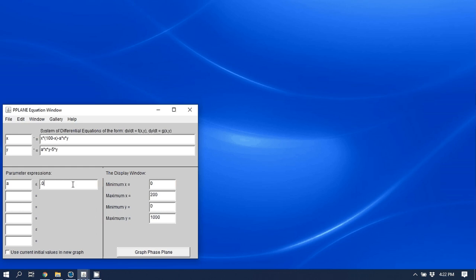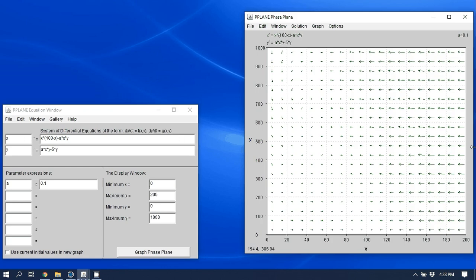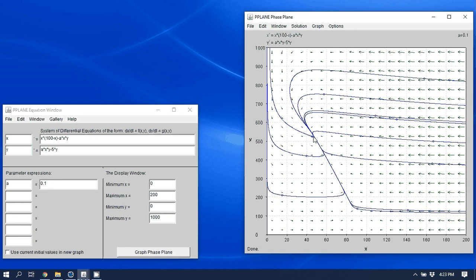And let's place a number greater than 0.05. Let's say 0.1. This should be the coexistence equilibrium in the predator-prey model. So that means both solutions should approach a positive point. And notice that no matter where you click, it looks like the solutions approach a certain point here, which you can actually compute.